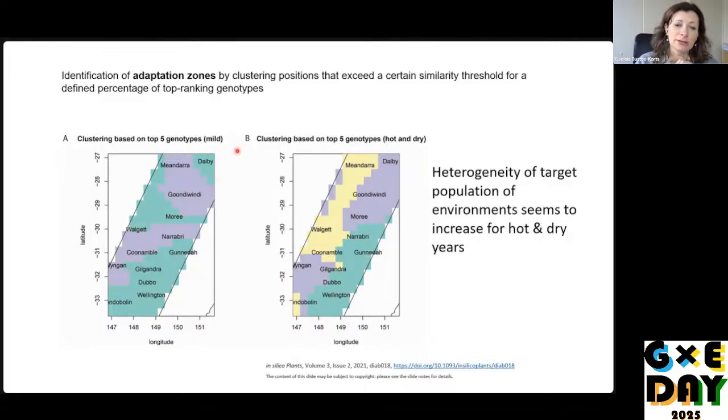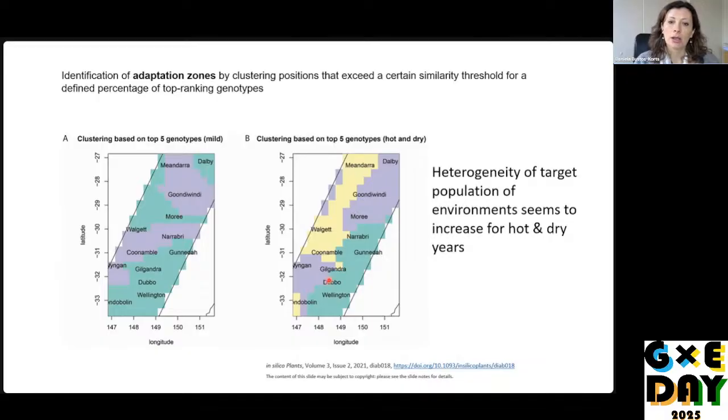We did that in two types of years. We have the mild year, in which we have intermediate values of rainfall, and we did it for hot and dry years. We see that when we have hot and dry years, we have more subdivisions in our TPE, basically because when we have less water, the soil conditions are exposed, and we can have more differences in the latitudinal and longitudinal gradient.